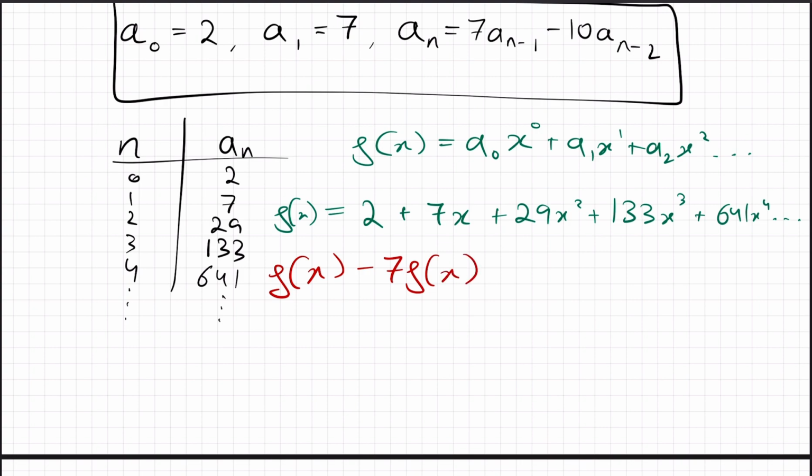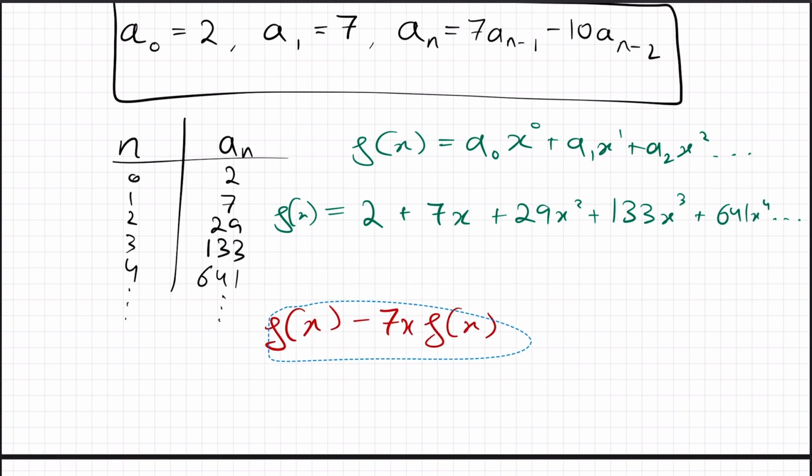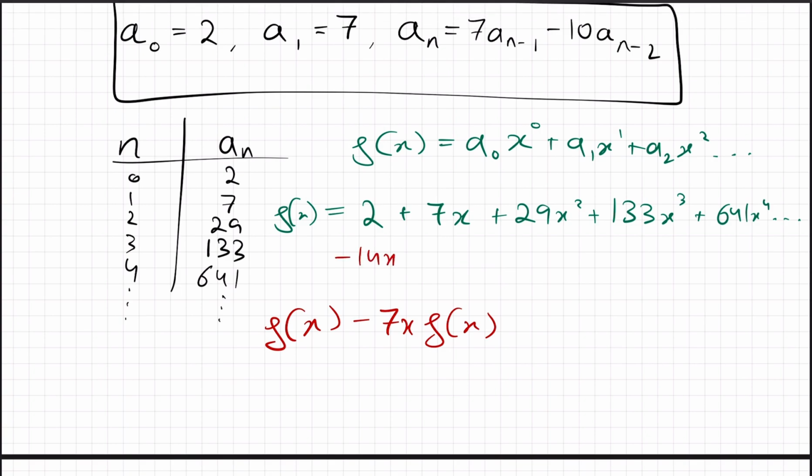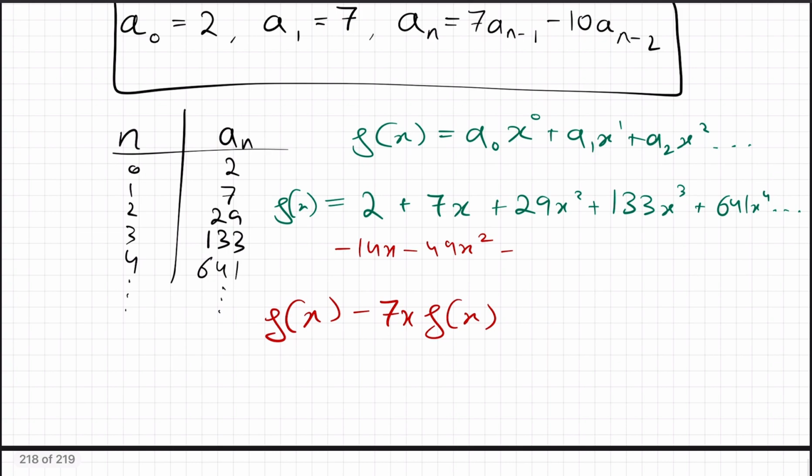And wait, not just subtract 7, because we also want to move everything up to affect the next term. So if we subtract 7 multiplied by f of x, hopefully you can see what's going to happen here. If we multiply everything by 7, I'm just going to write terms underneath. We're going to get minus 14x minus 49x squared minus 7 times 29, which was 203 x cubed.